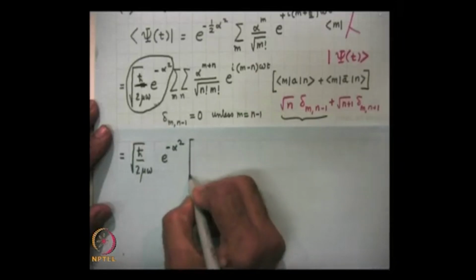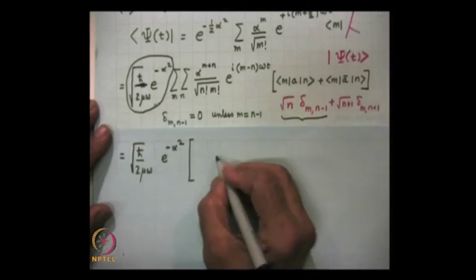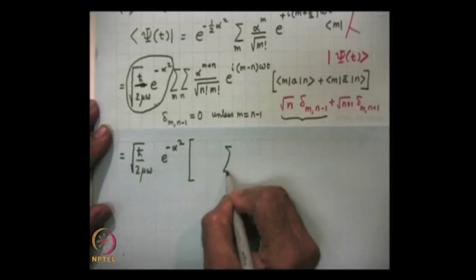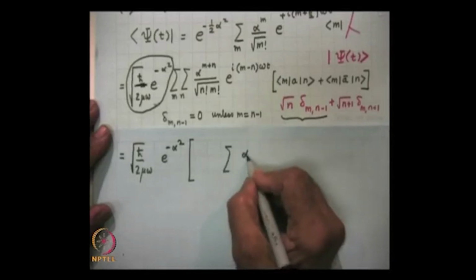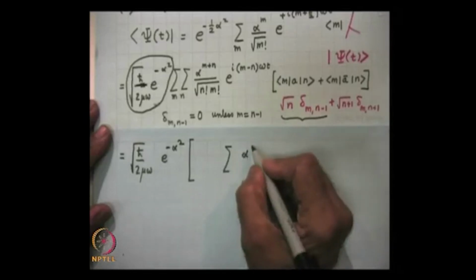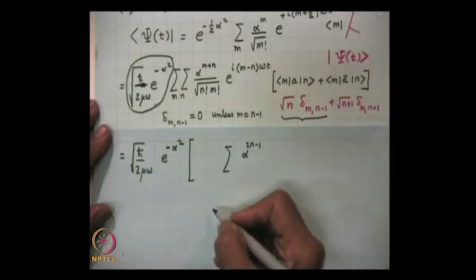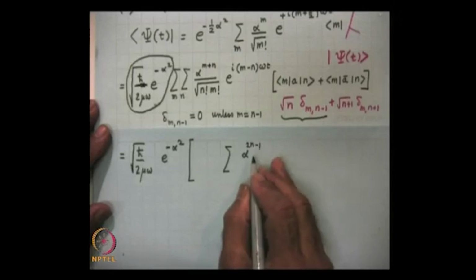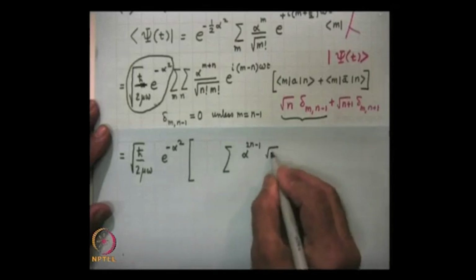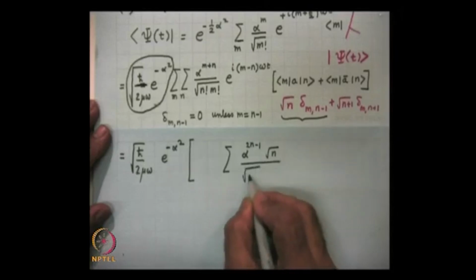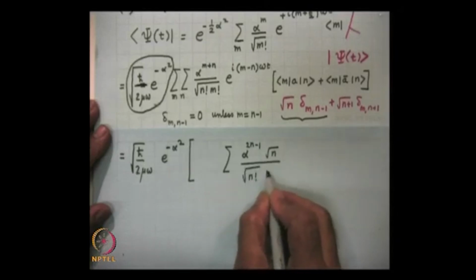So this term, if I take outside, will be summation alpha to the power of n minus 1 plus n, that is 2 n minus 1, multiplied by square root of n divided by square root of n factorial m factorial.